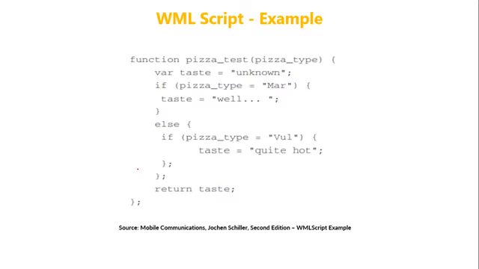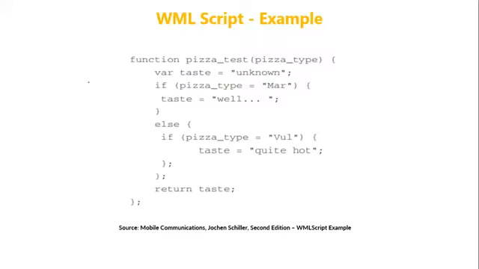Then the script checks if the input parameter passed to the function, that is pizza type, has the value MAR, then the taste will be set to well. Otherwise, the script will check whether the pizza type is VUL. If it is VUL, then the taste will be set to quite hot. And at last, the function will return the value of taste. So that is the code.